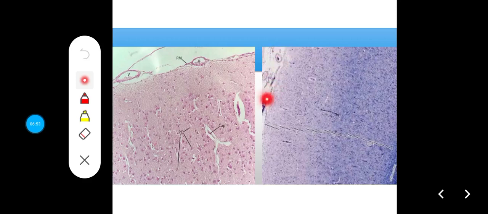Notice this again. This is the pia mater. Notice the blood vessels, these circular structures within the pia mater. Now notice the area just deep to the pia mater appears deficient in black dots. This represents the outer molecular layer.